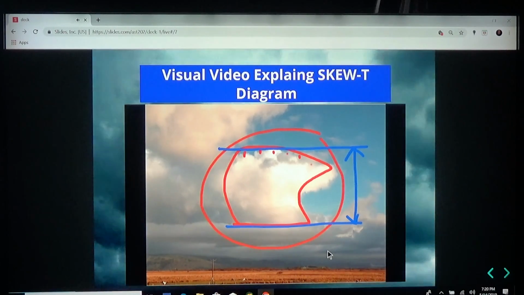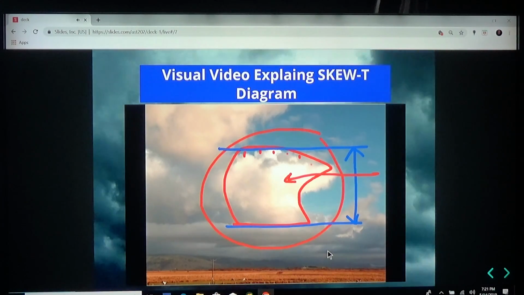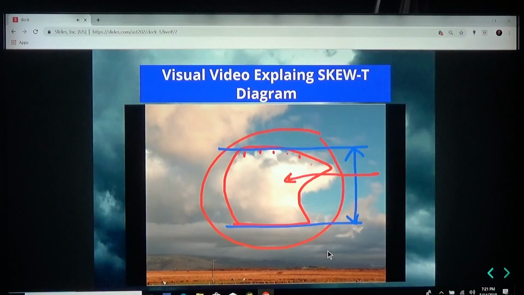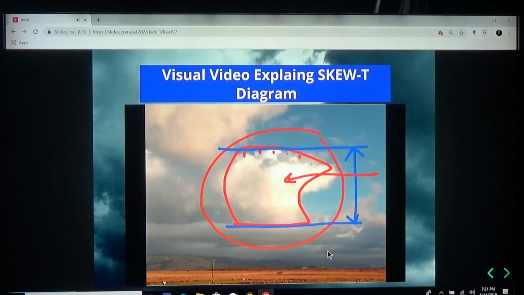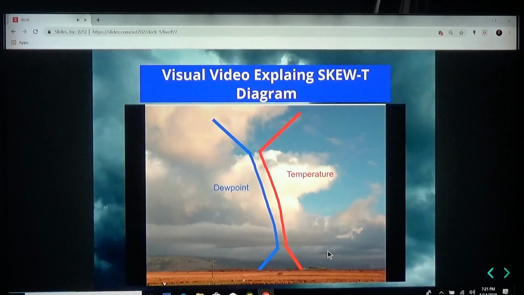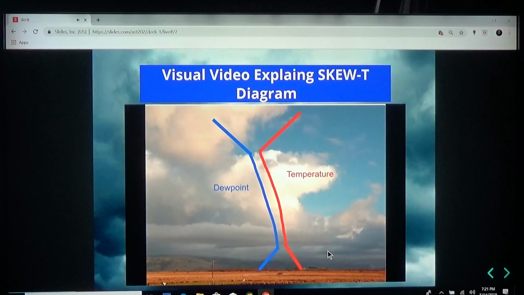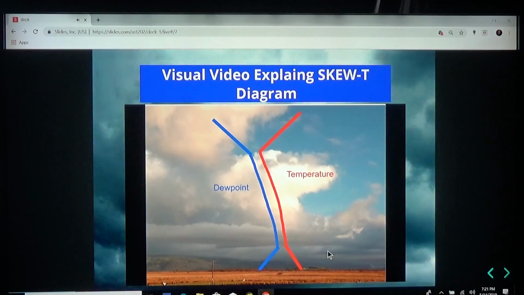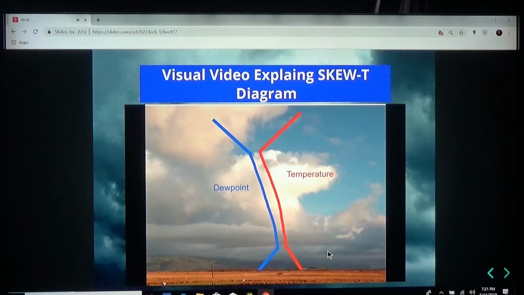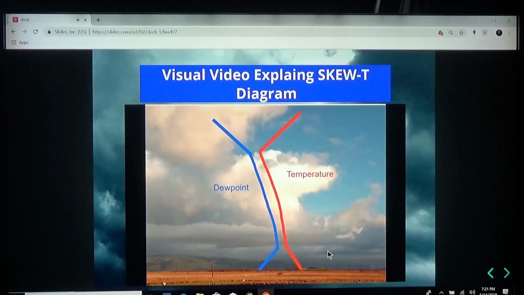Notice how the cloud base is dark. The sun was rising and shining here onto the cloud, so it did make that side of the cloud appear whiter and the bases appear darker. Now, the sky around the cloud is blue. It was quite an unstable air mass, which means that the lapse rate was quite sharp as you went upwards through the atmosphere. But this is how that would have appeared on a Skew-T diagram.